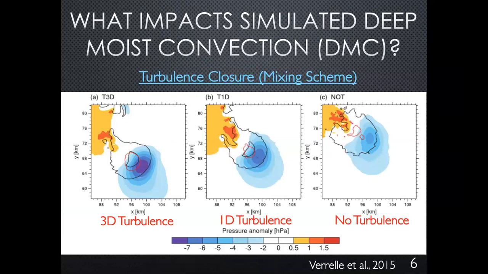We see that the strength and the location of that pressure anomaly, and thus the strength and evolution of the supercell, are heavily modified by the mixing scheme.